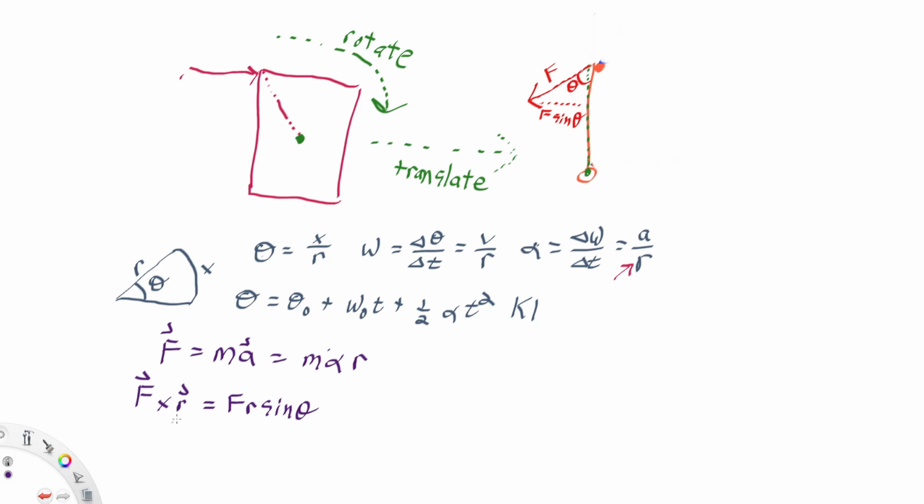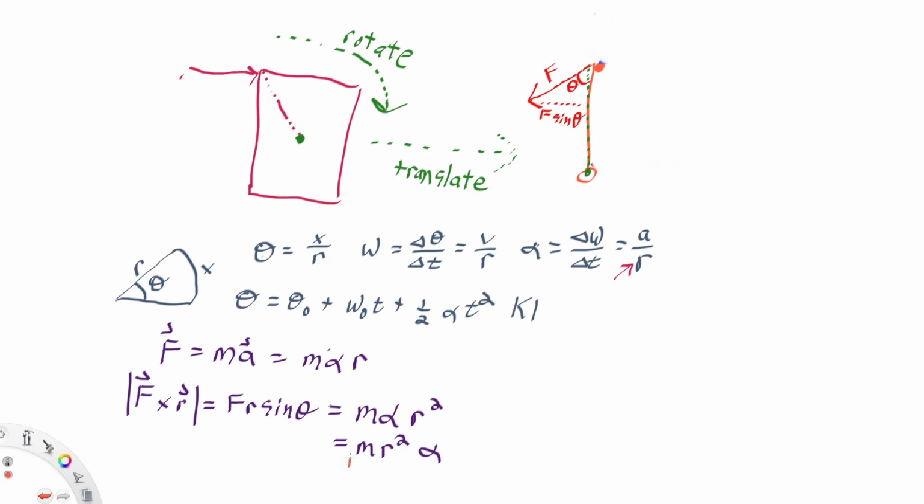And since we've multiplied by r on the left-hand side, we have to multiply by r on the right-hand side. And then we're going to do a little bit of switcheroo here and just write it as m r squared alpha.